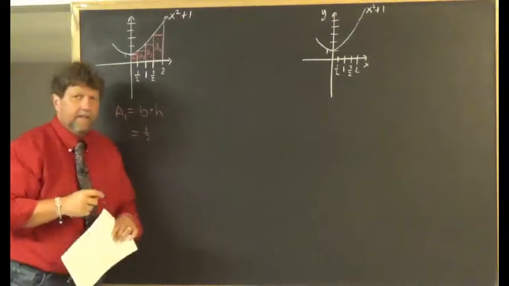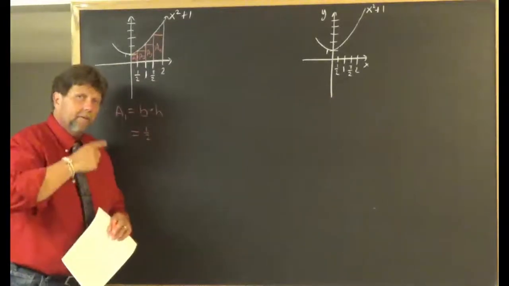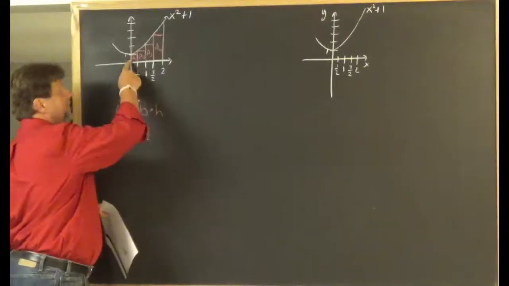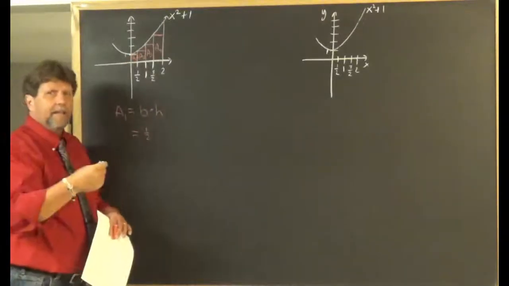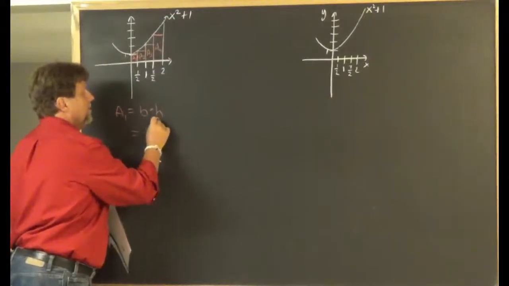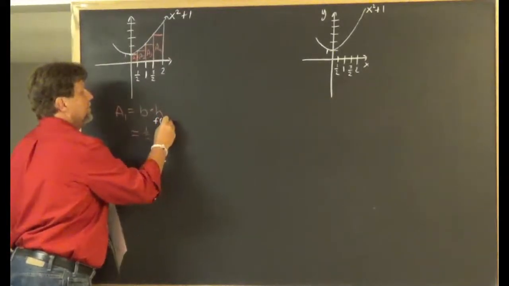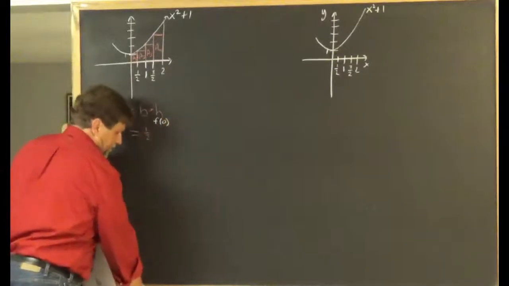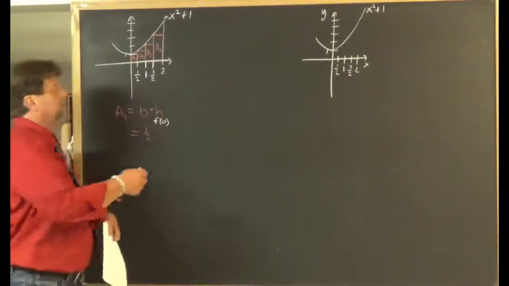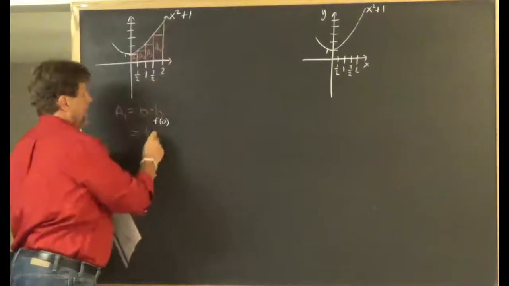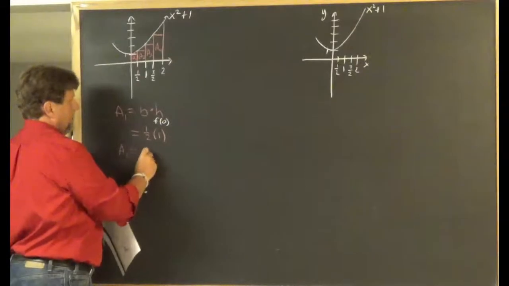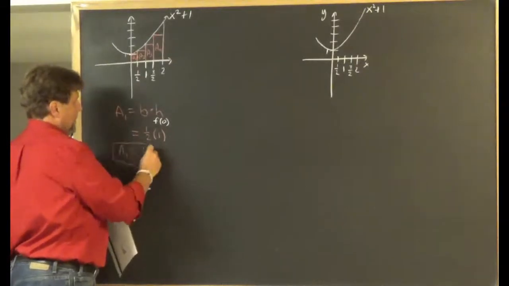The height of that rectangle, since I used the left end point of the subinterval to tell me the height, is found by simply evaluating the function at the left end point of the subinterval. In other words, that's f of 0. So put 0 in and we get the height to be 1. So rectangle 1 has an area of 1/2.